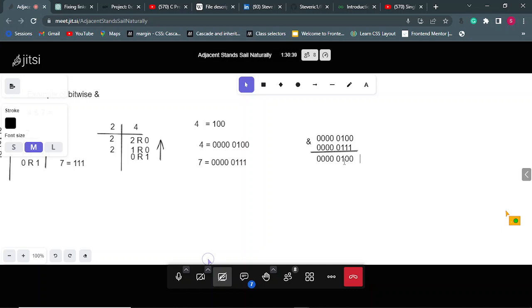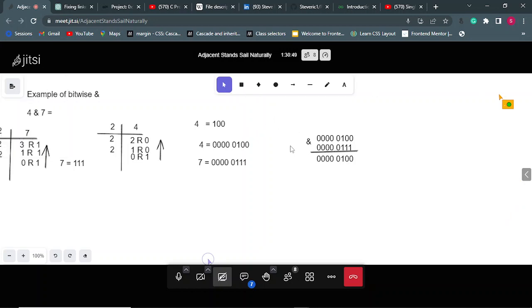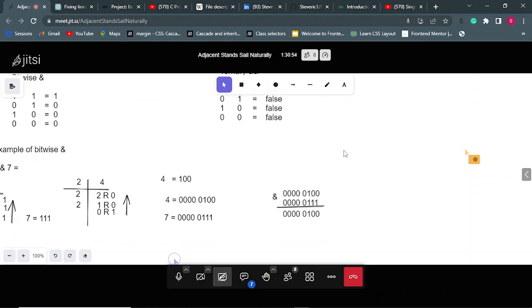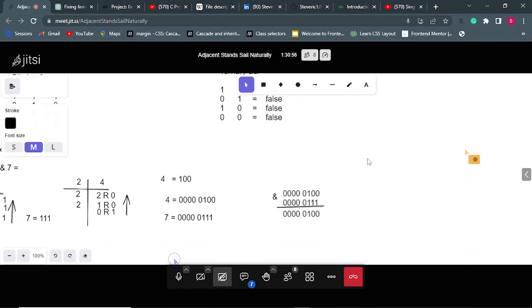Now, before we can get our final answer, let me take us back to our secondary school or primary school. I like taking us back. Let me quickly take us back to that time when my teacher would beat me for this thing.